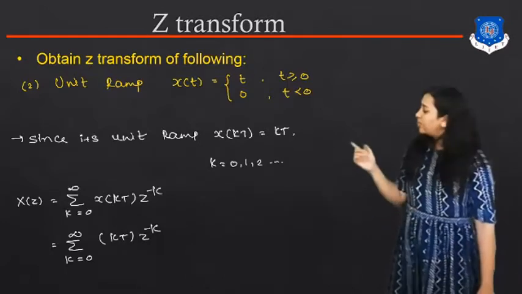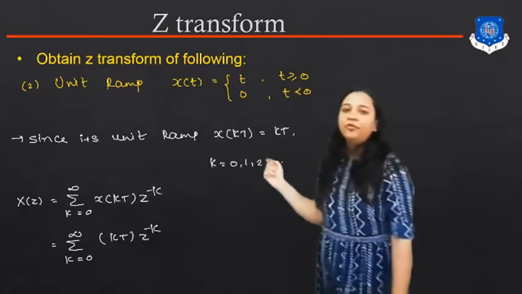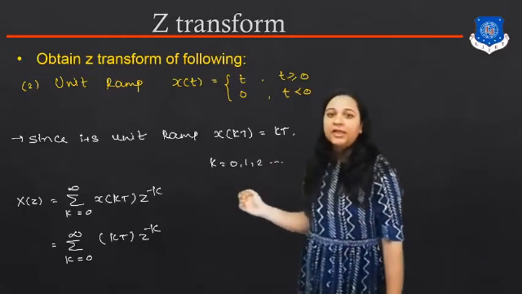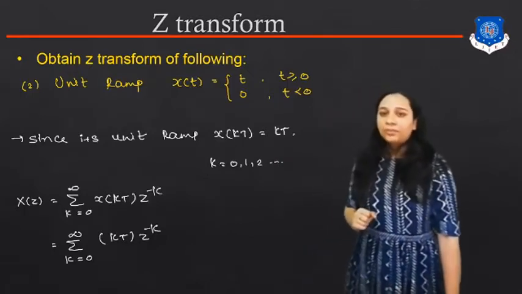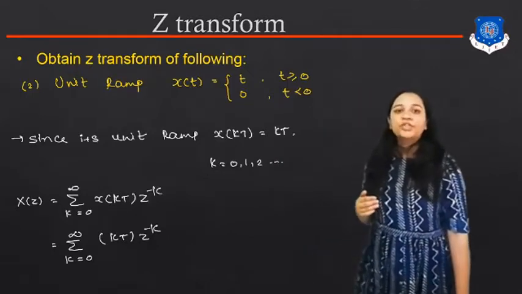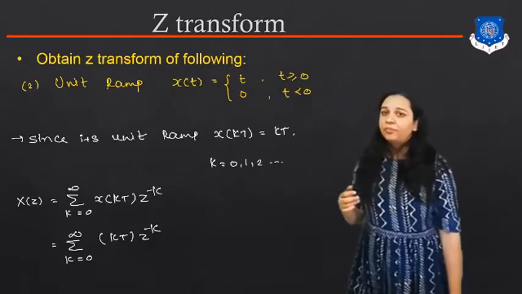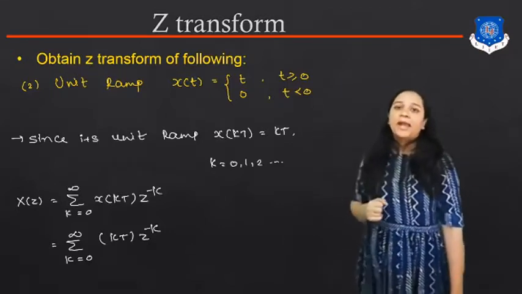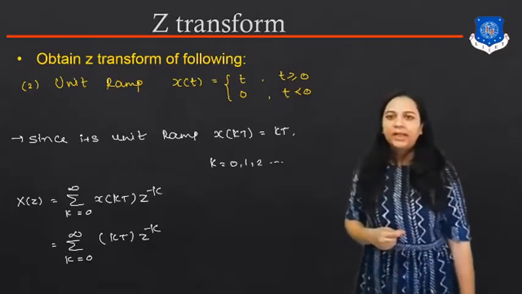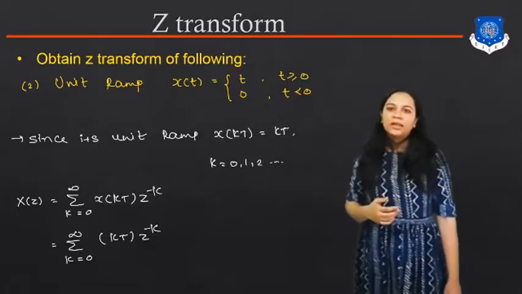Okay, so x of z, the standard equation, is the summation of k from 0 to infinity of x of kt z raised to minus k. That equals the summation of k from 0 to infinity of kt z raised to minus k, because for the unit ramp x of kt equals kt. We have replaced x of kt with kt.